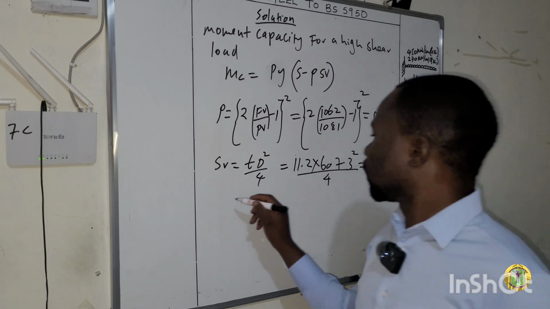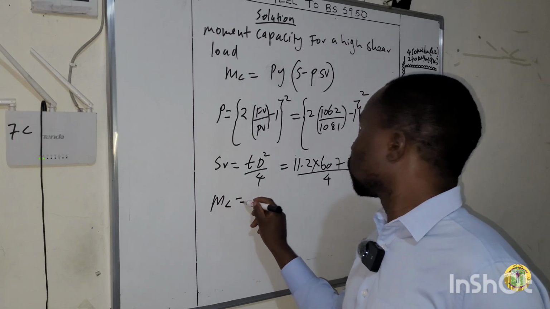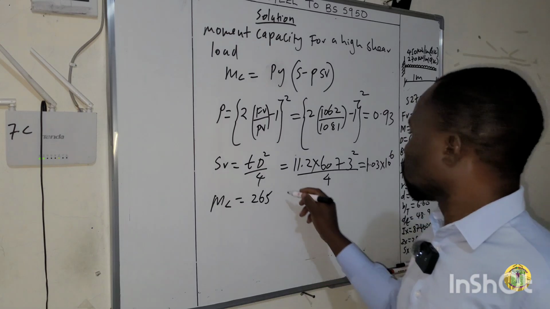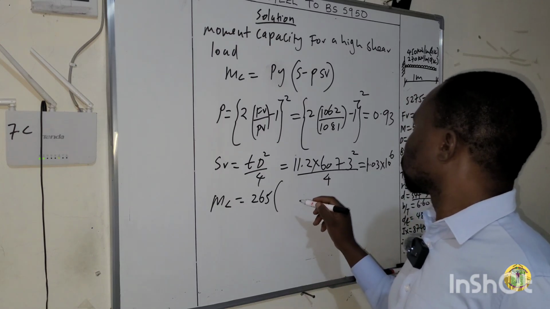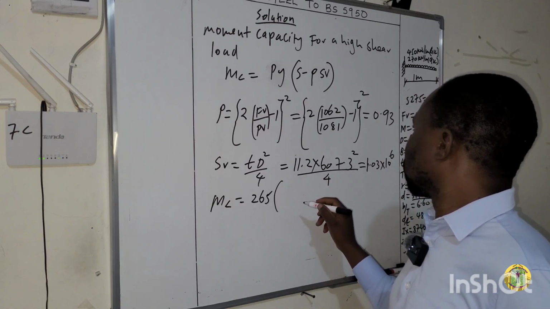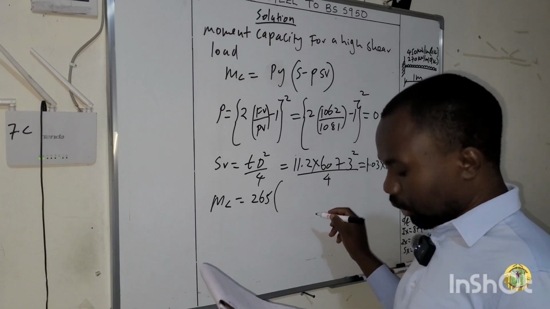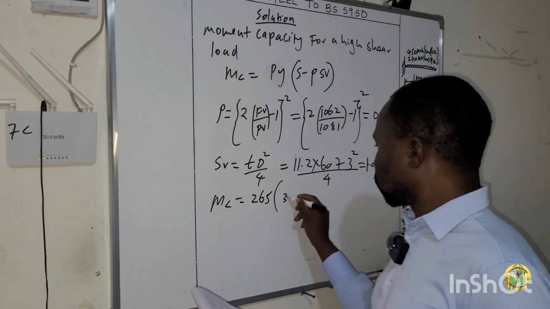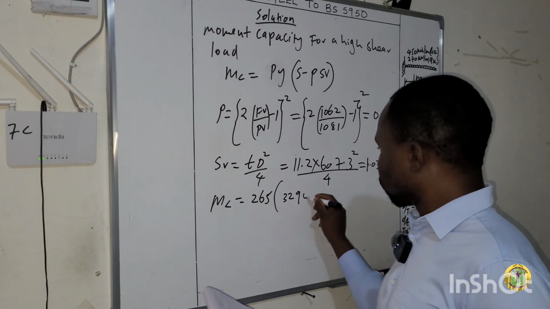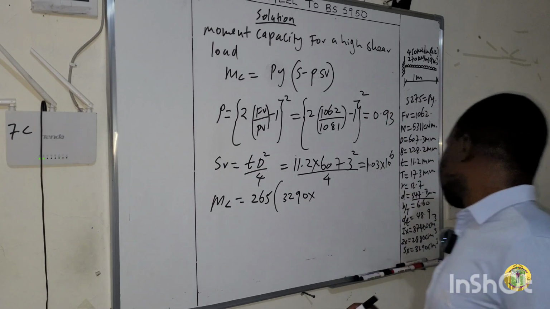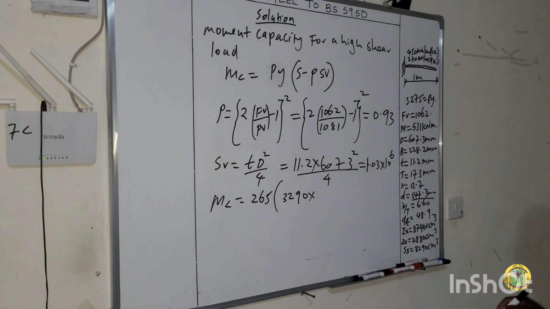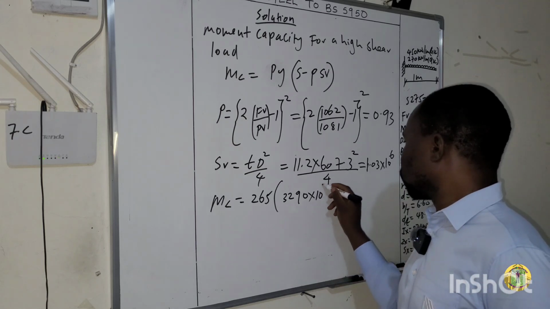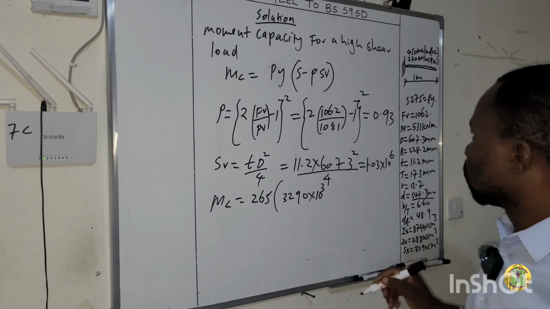So MC is equal to PY is 265. S is 3290 because it is in centimeter cubed. So you'll change it to millimeter cubed by multiplying by 10 to the power of 3.